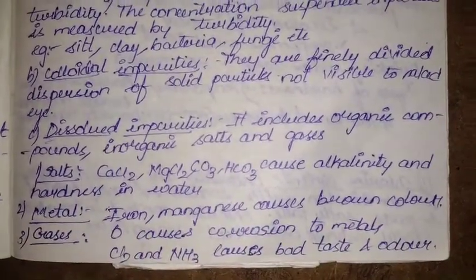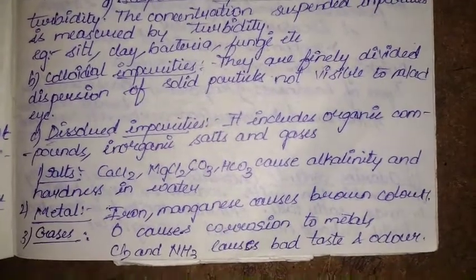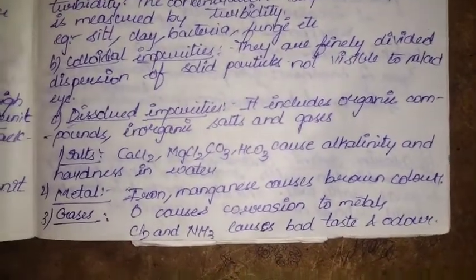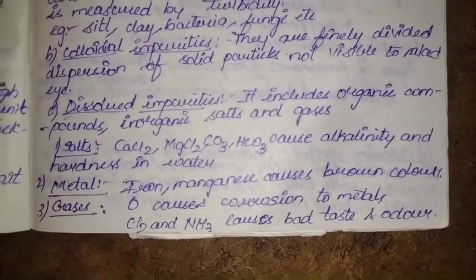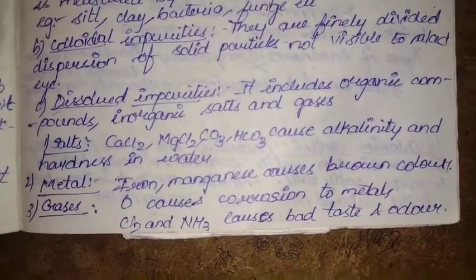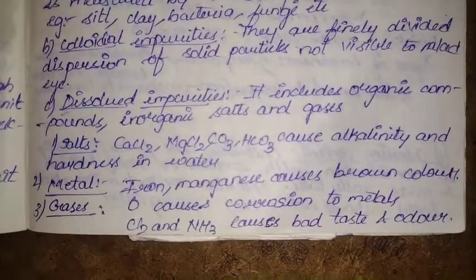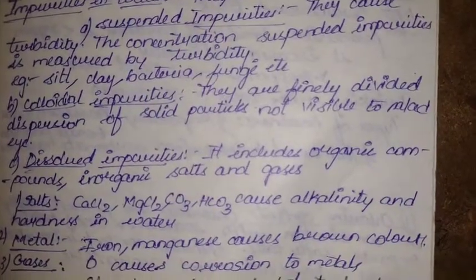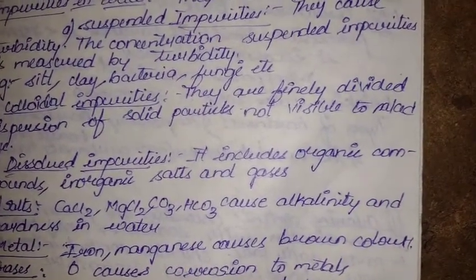We have types in that: salts, metals, gases. We have some salts in water, such as CaCl2, calcium chloride, magnesium chloride, and all the bicarbonates. Metals, we have gases.